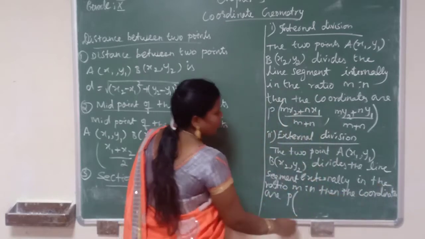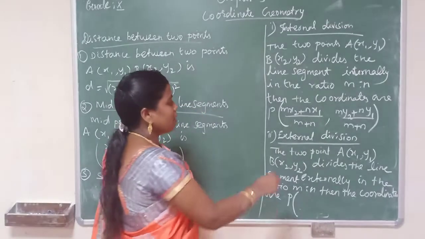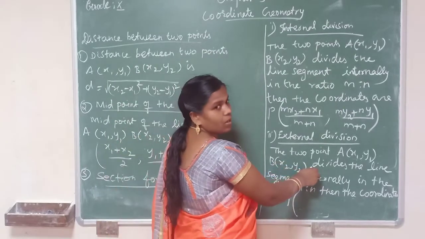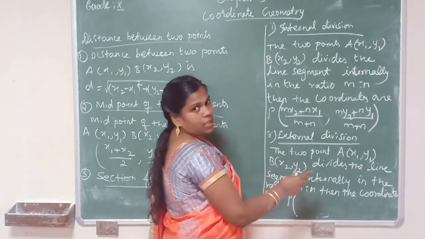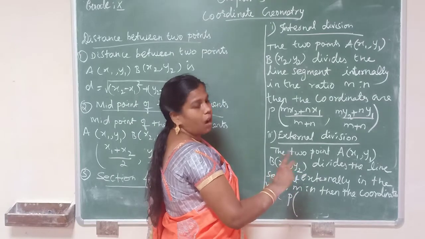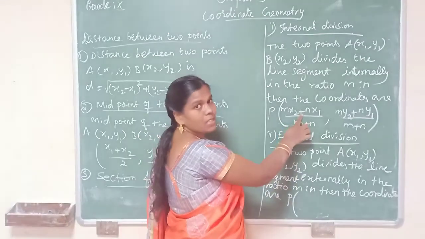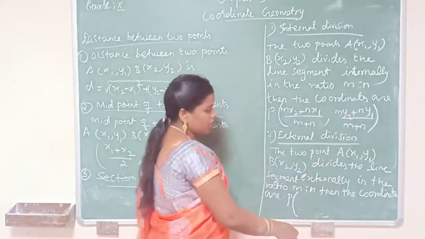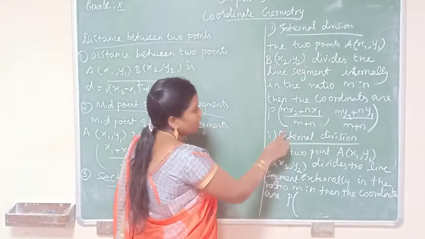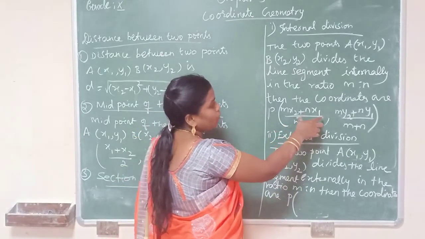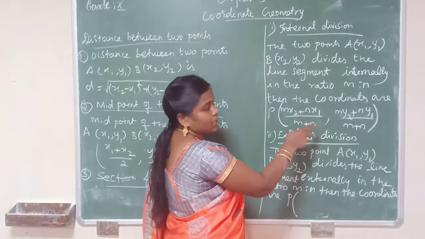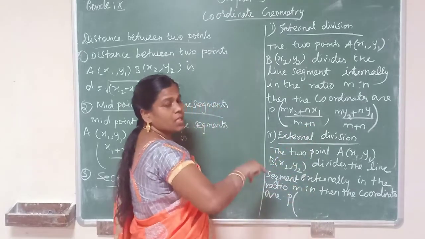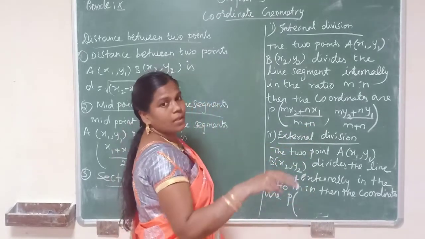P of, here externally means that the point will be outside of the line segment. So the sign will be opposite. In place of plus we have to give minus. That is the difference. Internally means plus, that coordinate will come inside the line segment. Externally means that coordinate will come outside the line segment.